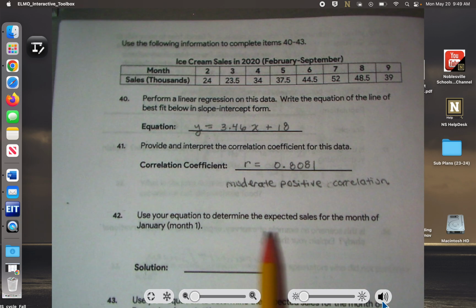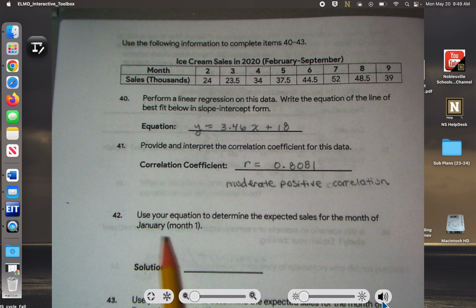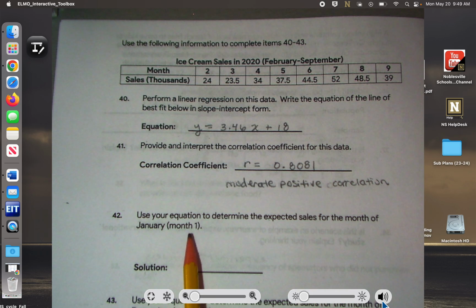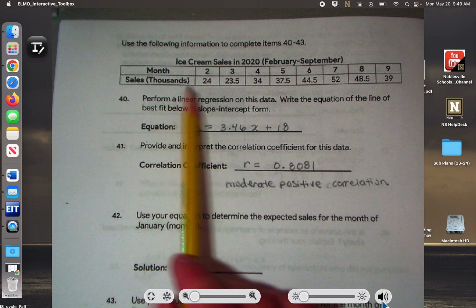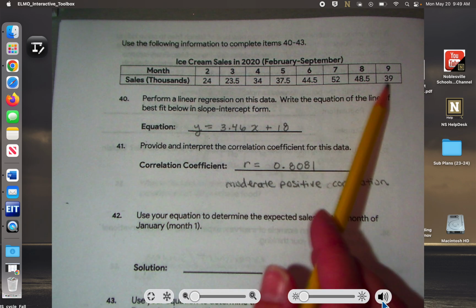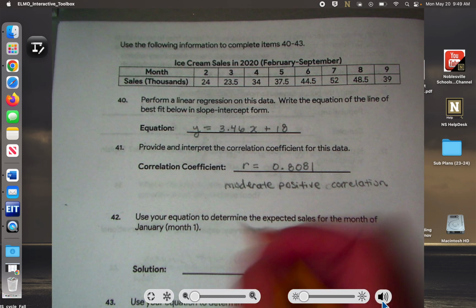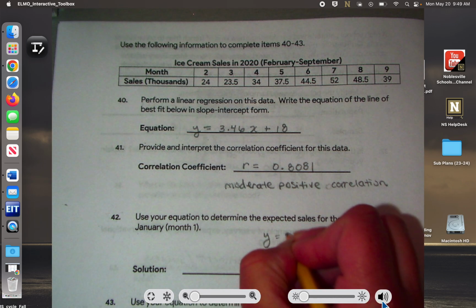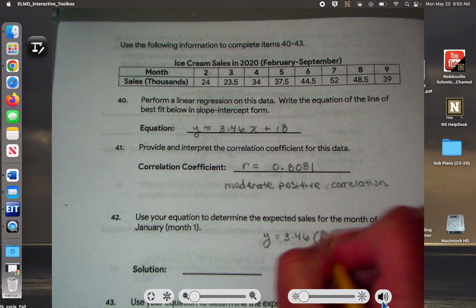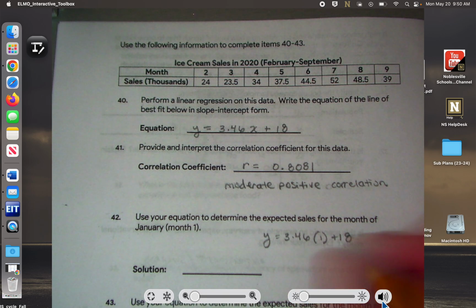Use your equation to determine the expected sales for the month of January. So 1 month. So this is February to September. So what would it have been in January? So I'm going to put y equals 3.46 times 1 plus 18.